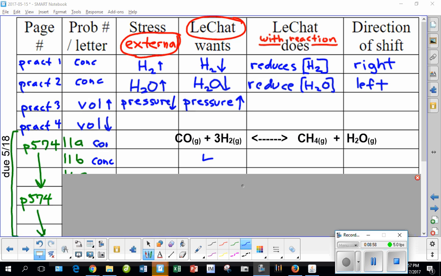Okay, so we got 4 over here. How many molecules are on the right? 2. 1 for each because there's no coefficients. We assume them to be 1. And so we have 4 on the left and 2 on the right, and we are ready to answer the question.